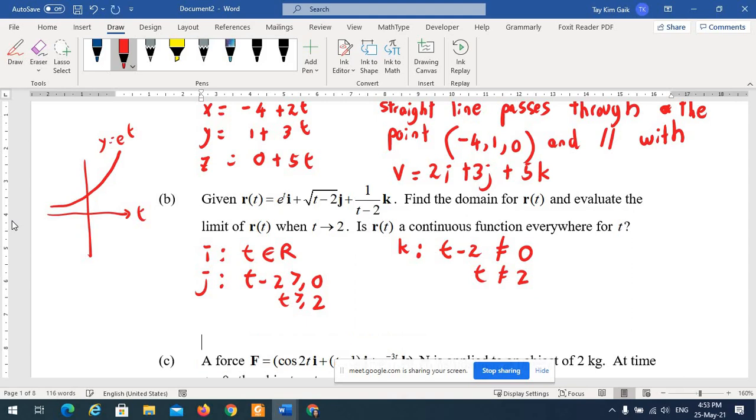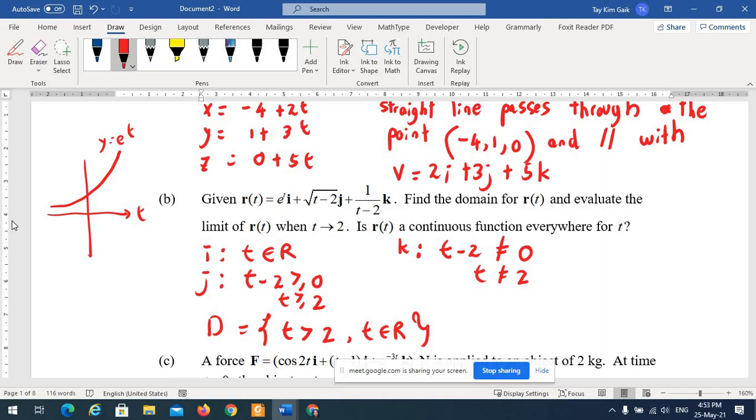That's why, lastly, the domain for the vector valued function r(t) is only t greater than 2. Because I gave you a very broad range, t is a member of the real numbers. J said t greater than or equal to 2, but K said cannot be equal to 2. We have to find the intersection. So that's why lastly it's only t greater than 2.